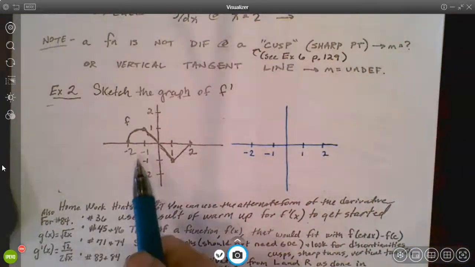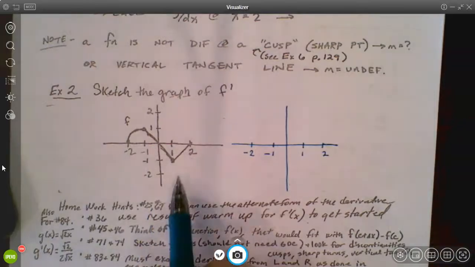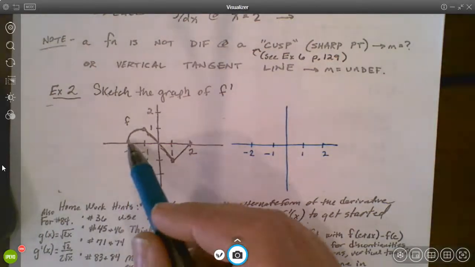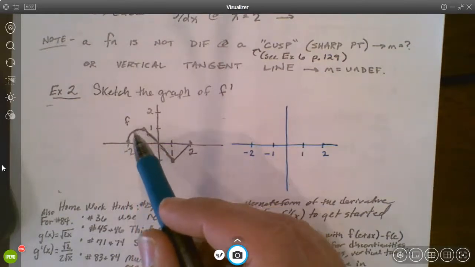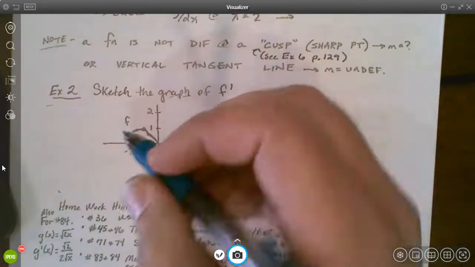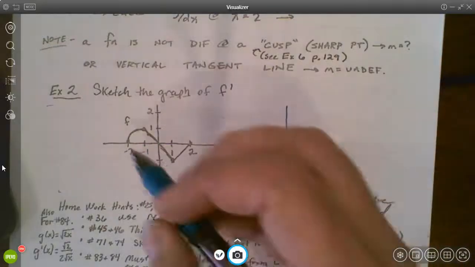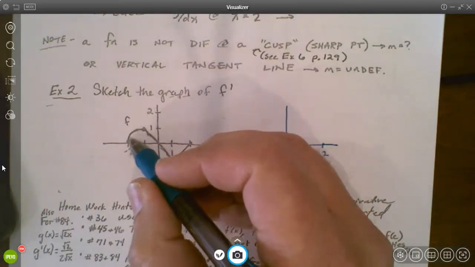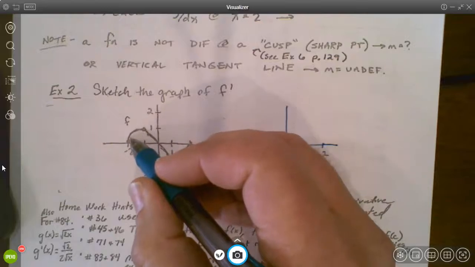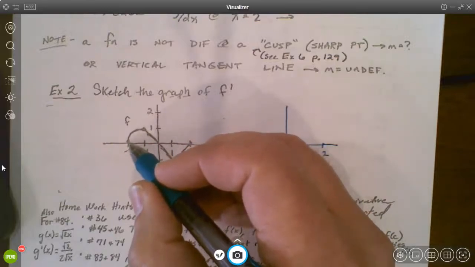So let's identify just kind of the common things going on within this graph, though. So here's, well, it looks like sort of a quarter circle that we're seeing right here. So let's just talk about that guy first. So at -2, right? So if this was, say, a quarter circle, right, and it comes down and at -2, it's now completely vertical.